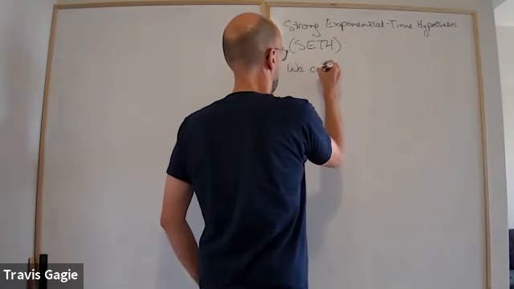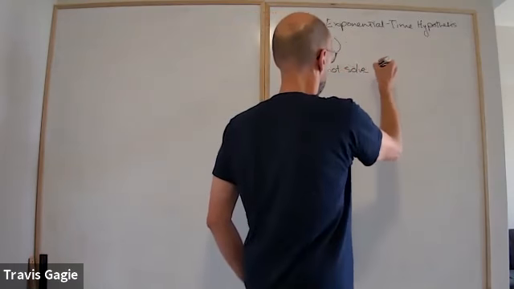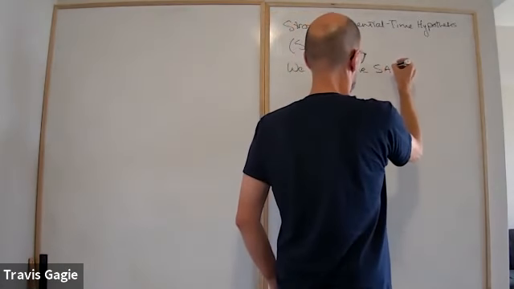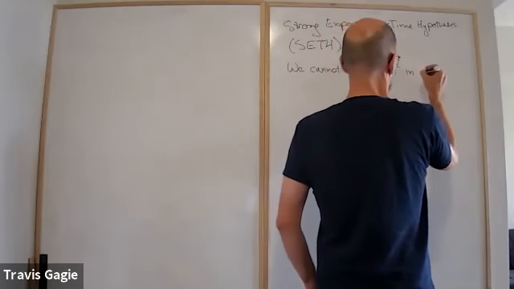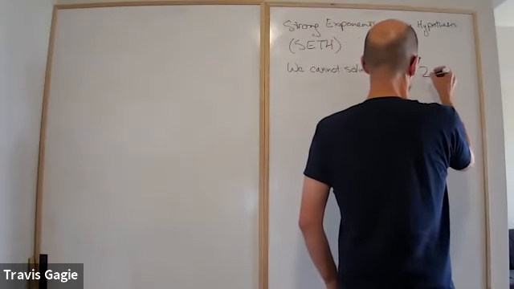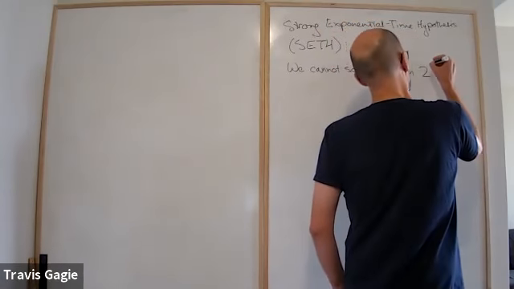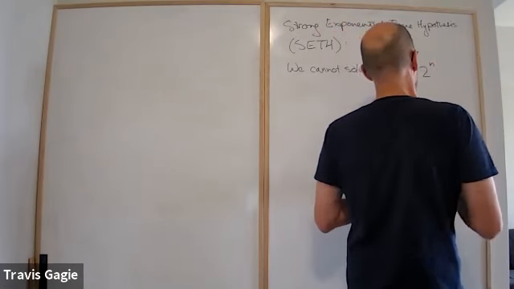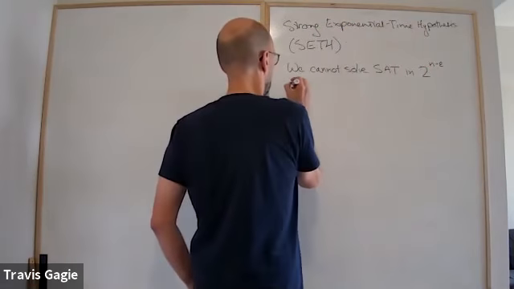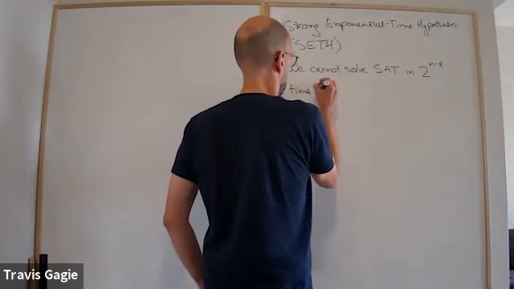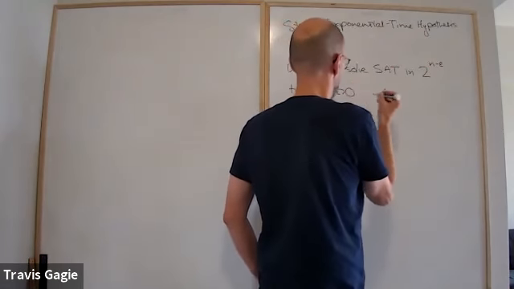We cannot solve SAT in 2 to the, I think I'm getting this right, I think it says, n minus epsilon time, for constant epsilon, positive constant epsilon.